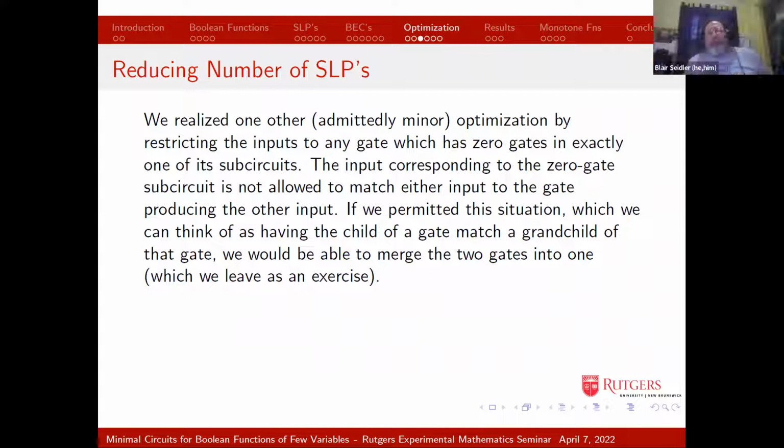So, one other, slightly less interesting optimization is just if I have a situation, again, I think that drawing this will probably be a little bit easier. If I have some gate here and one of its inputs is a gate and the other input is X1, and X1 also is one of the inputs here, I don't need 2 gates to do this.